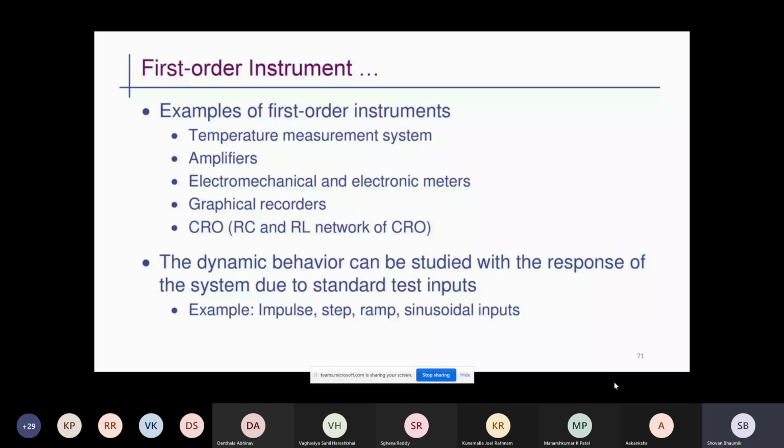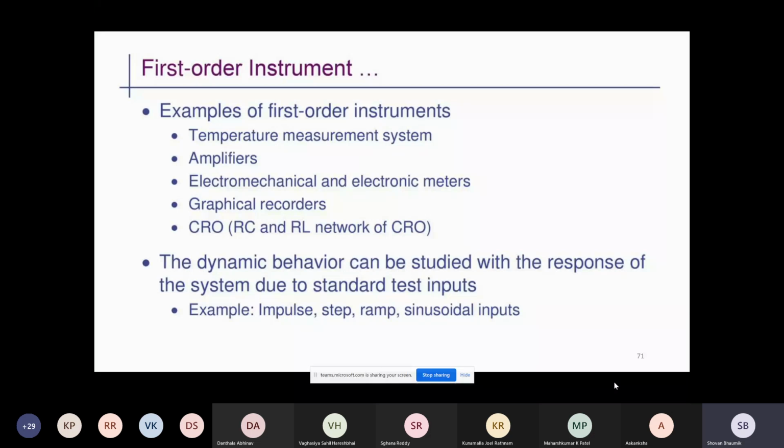And then if you scale the mercury column in degrees centigrade or degrees Fahrenheit, whatever is the unit of temperature, you will see that the temperature is gradually rising, and after some time it reaches steady state, it does not rise. So this is a perfect example of a first order system.